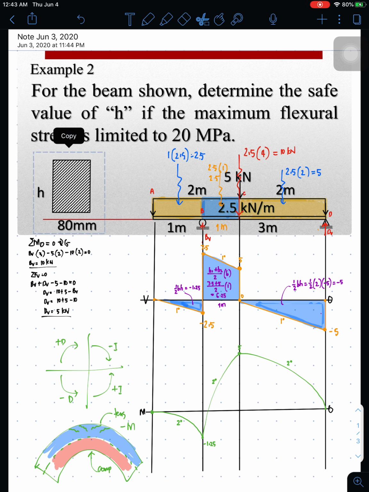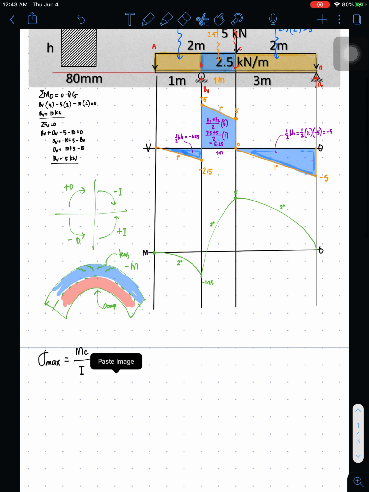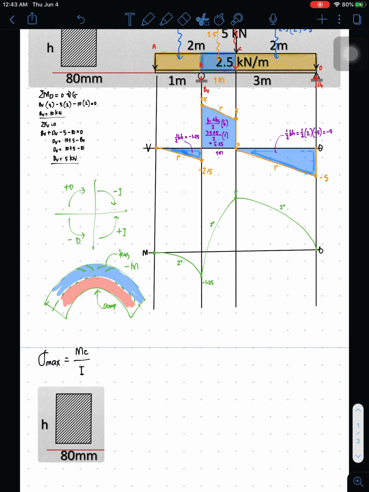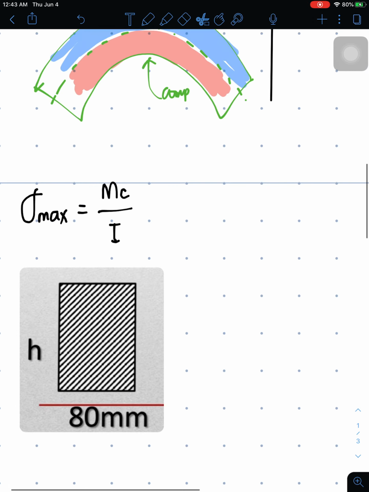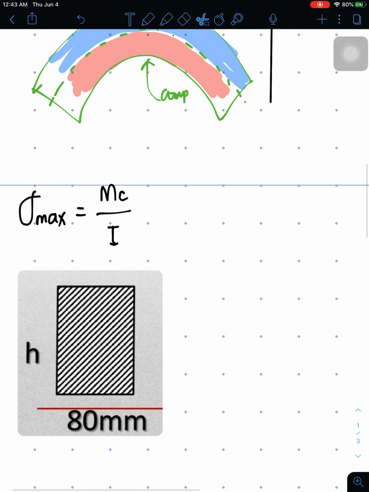So the section, let's just copy it and paste it here. So this is the section, and if we draw a horizontal line in the middle, then this represents the C value, C1, and the C value here, C2.